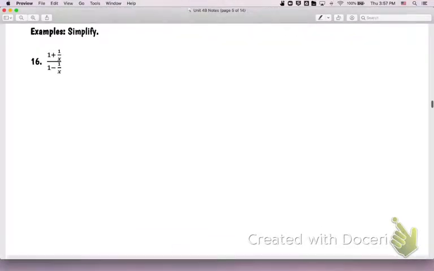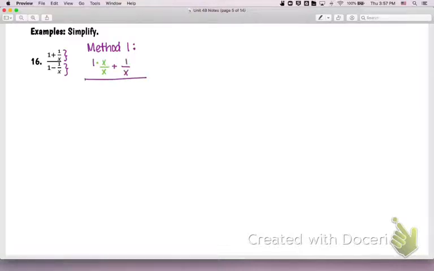We want to simplify. This is a complex fraction because there's a 1 over x in the top and a 1 over x in the bottom. I'm going to show you both methods so you can decide which one you like better. Method 1 is that we're going to treat it like separate problems. First, get a common denominator here and then get a common denominator here. To do that, we multiply the 1 by x over x, plus 1 over x.